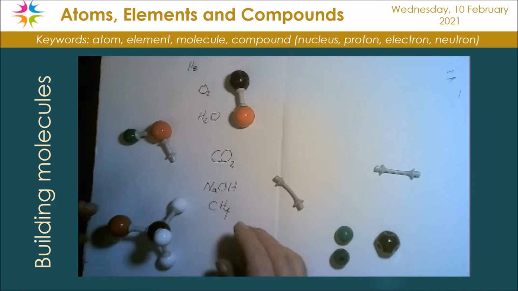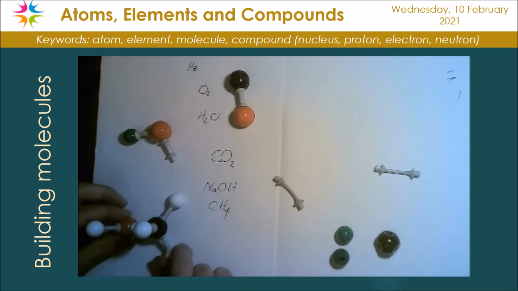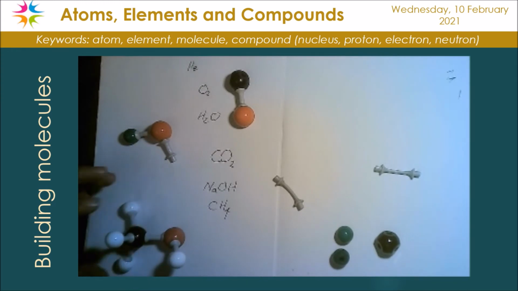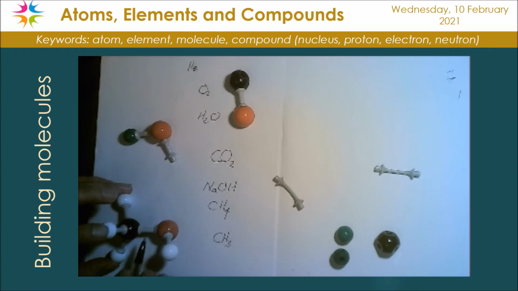That looks to me a little bit like maybe a little puppy. So I'm going to change it around actually. So this one is carbon and 3 hydrogens. And just to show a little bit how it's made, it's connected to 1 oxygen, and that's connected to 1 hydrogen. And this is methanol.